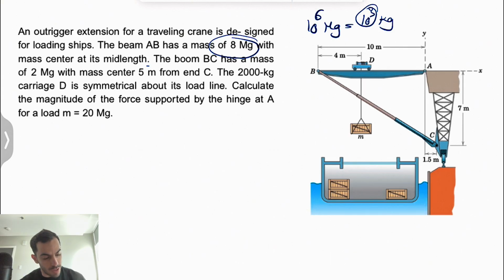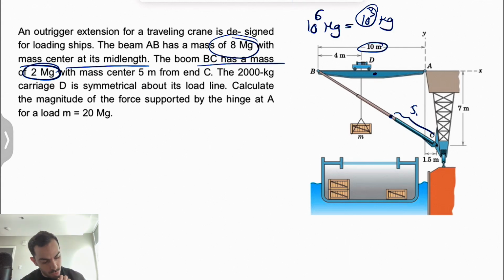We know the length of AB is 10 meters, so the mass center would be exactly at the center of this AB. And also we have information about boom BC that has a mass of 2 megagram with mass center 5 meter away from point C. So if we consider this center mass, this is going to be also 5 meter.